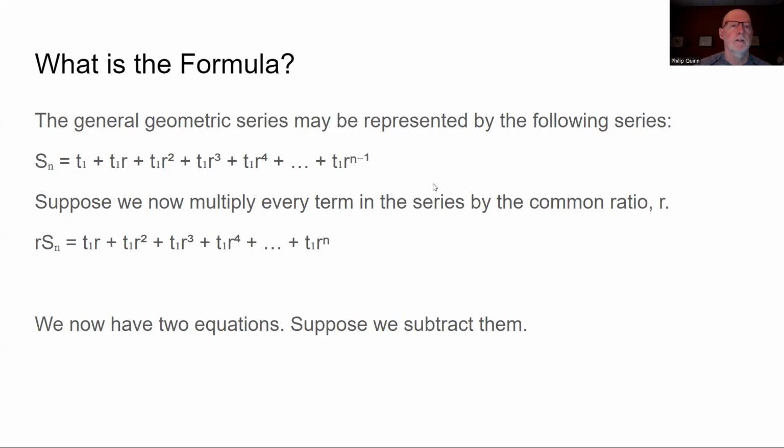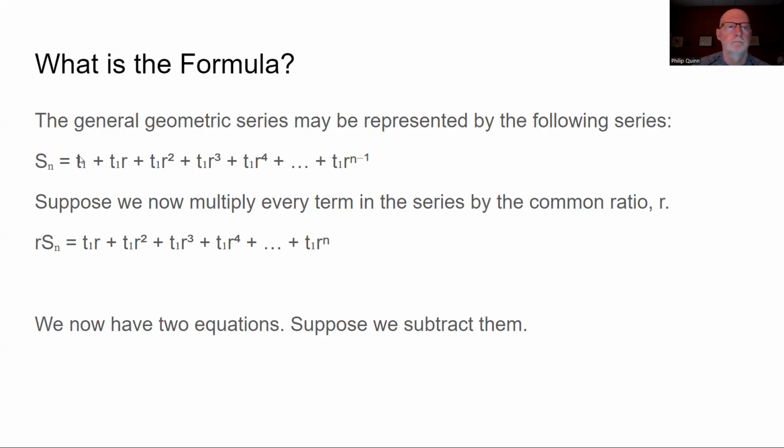Let's start with the general geometric series and how it can be represented. We're going to use a capital S with a subscripted letter n to represent however many terms we want. So the sum of n terms will be equal to the first term, T1.